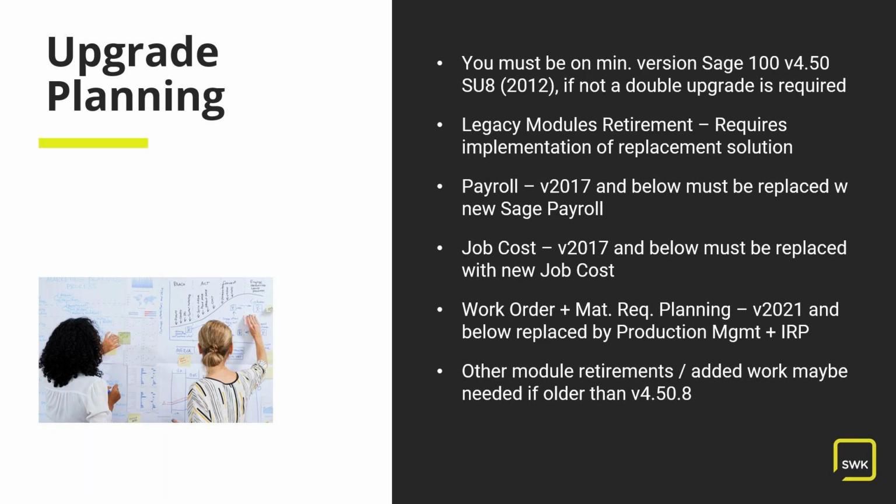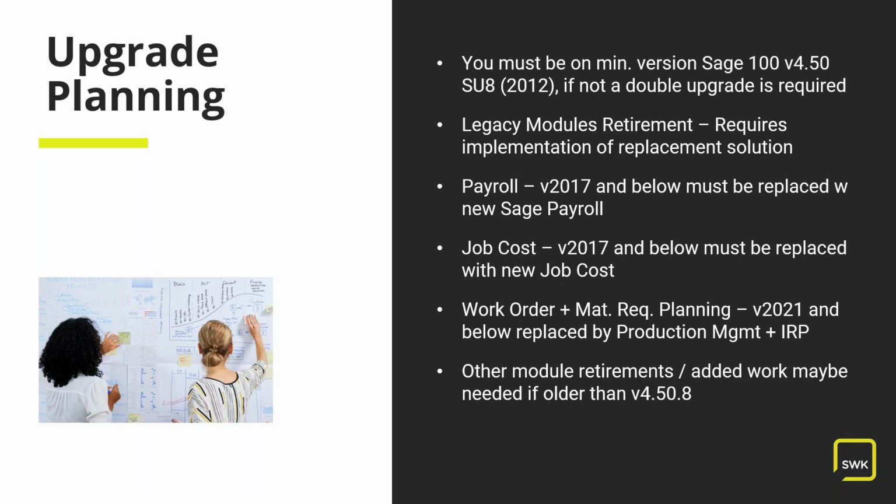Another one that we're dealing with that's very common today is if you had work order or material requirements planning on version 2021 or below, those have been completely retired by Sage, and there's all new modules called production management, which replaces work order, and IRP replaces the MRP. So those are actually replacement solutions. There are also situations where Sage may just rewrite a module in sort of kind of new code.